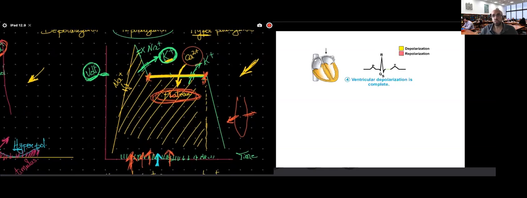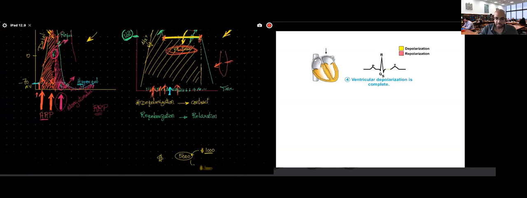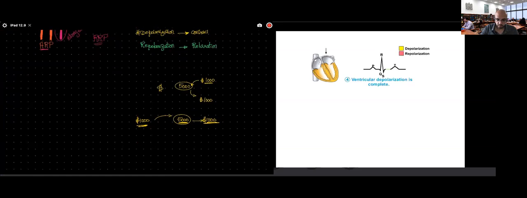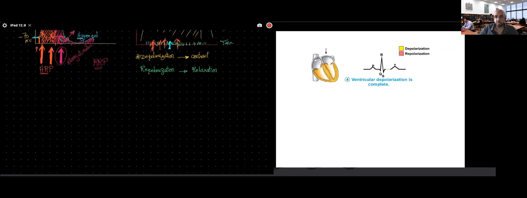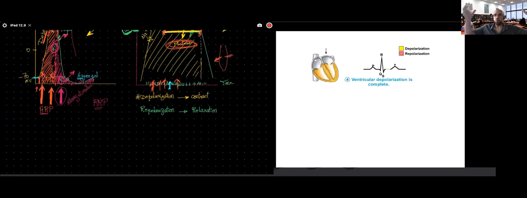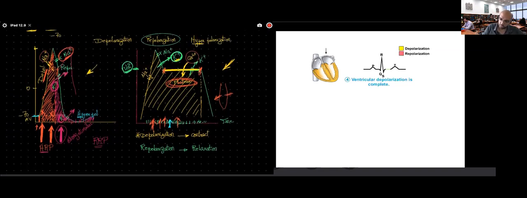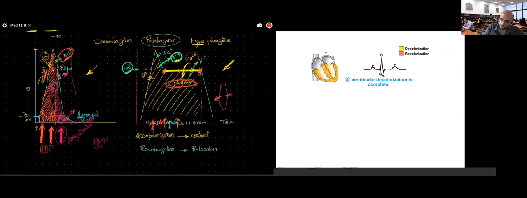Last class, we discussed the EKG. And if you remember, EKG or ECG is going to be a drawing of the electrical changes, not in one cardiac muscle cell, but in the whole heart. This is an action potential of one cardiac muscle cell.